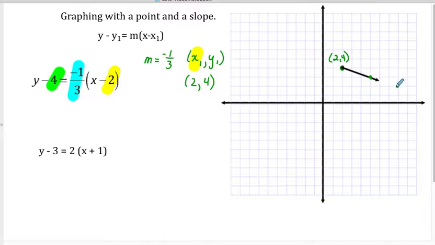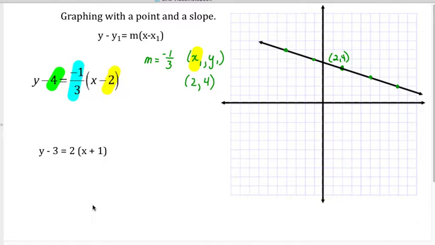Down 1 over 3, there'll be another point right here. You can also think of lines as going up the other way, right? Up 1, backwards 3, or positive 1 in the rise, negative 3 in the run. So this line, if we can extend it through these points, will continue in that constant rate of change in both directions infinitely through this specific point, (2, 4), given in this equation.